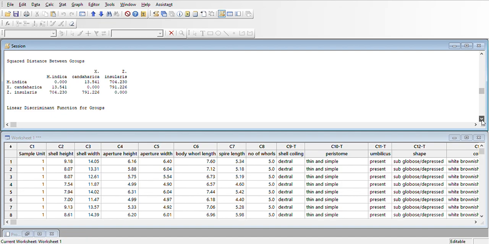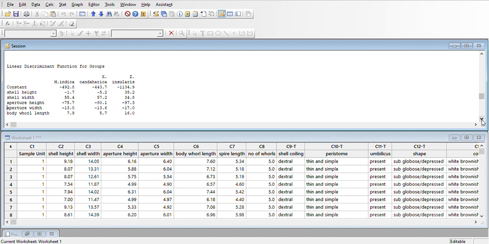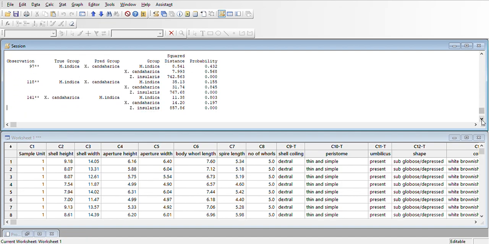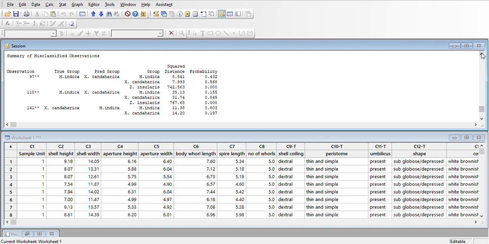Then if you go for this particular thing, we can see which observation should be reconsidered again, and these are 97, 118 and 141. 97 we have identified as Macroclamis indica, but the correct one should be Xeropicta candaharica.